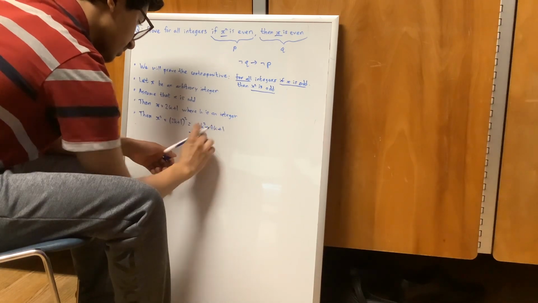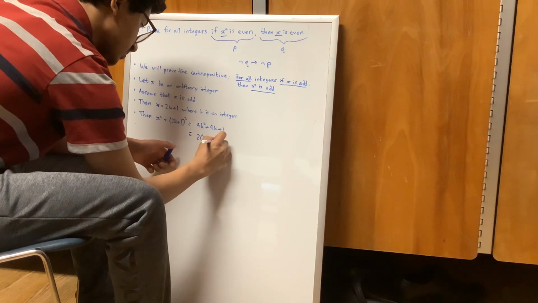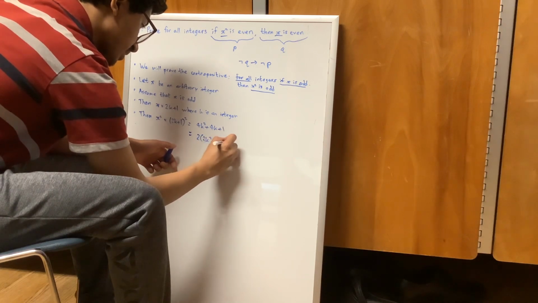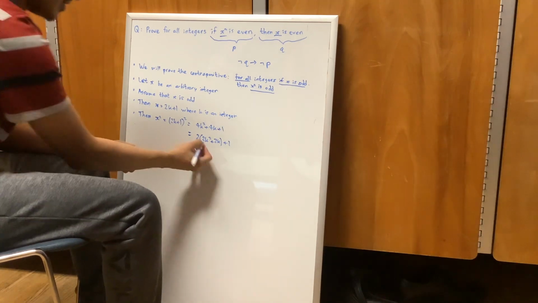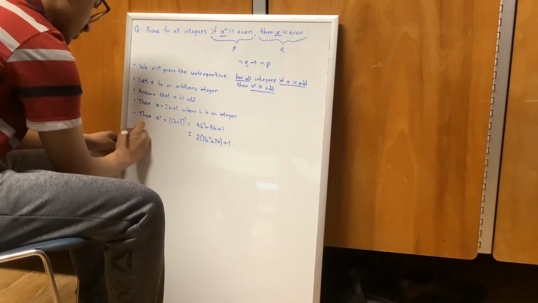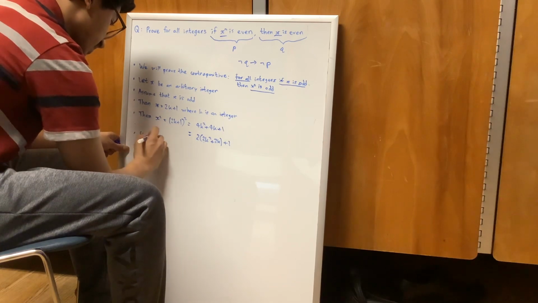And we're left with 2 times (2k squared plus 2k) plus 1. Now, since we know that k is an integer, we know that 2k squared plus 2k is also an integer. So we can write that.